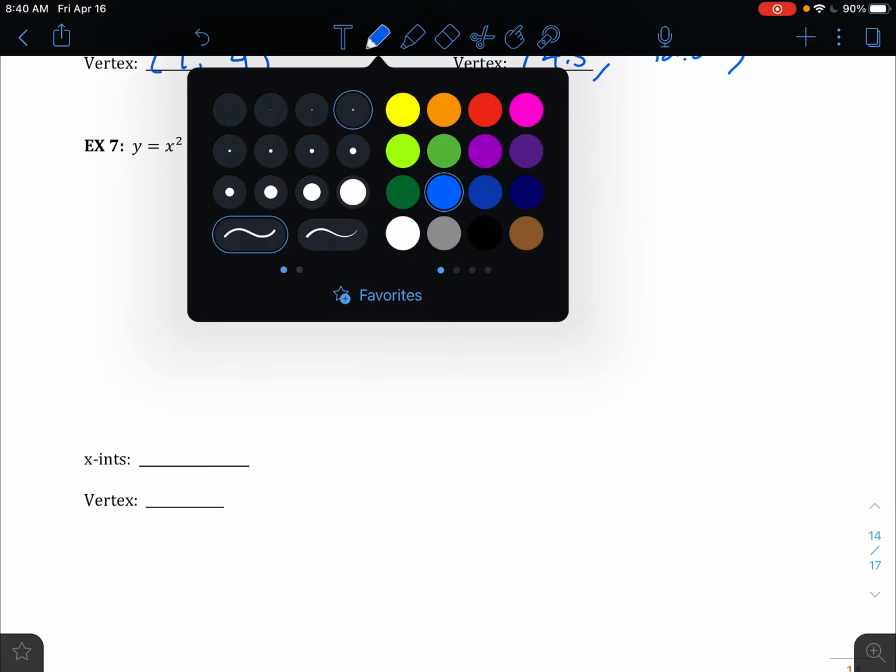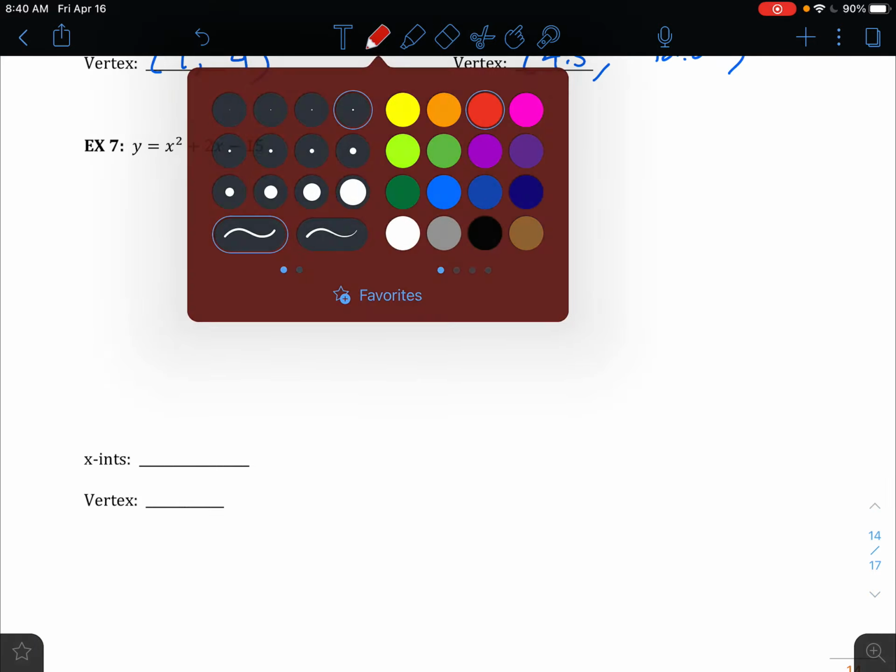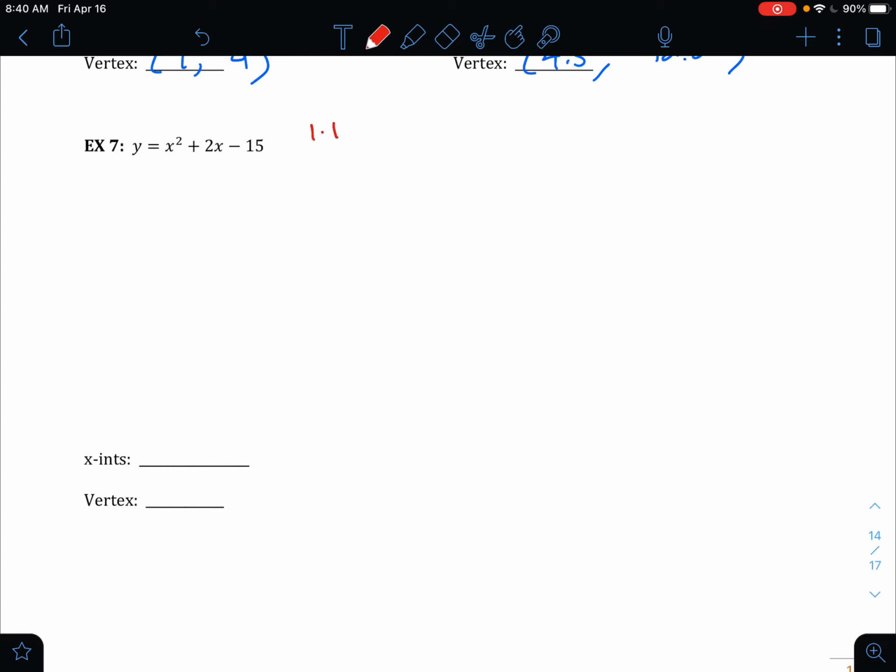Okay, on the last one. 1 and 15, 3 and 5. Okay, I need to do a positive 5, negative 3 to get it to add to 2.